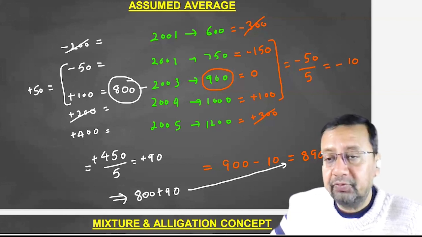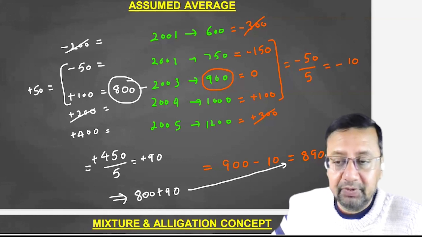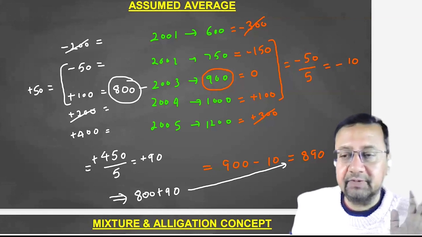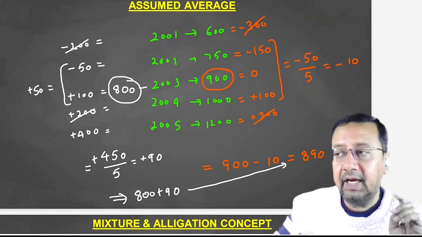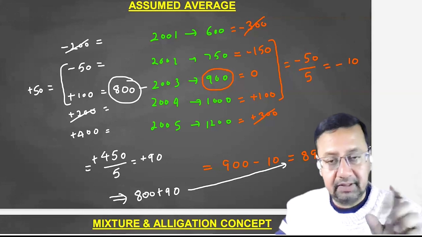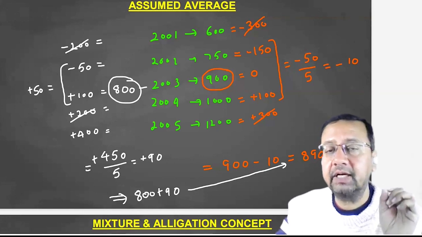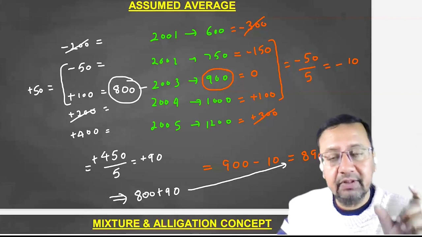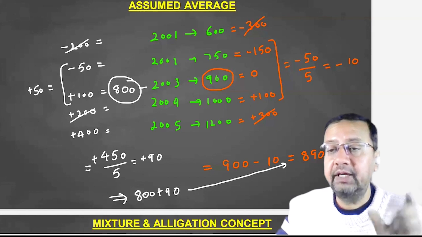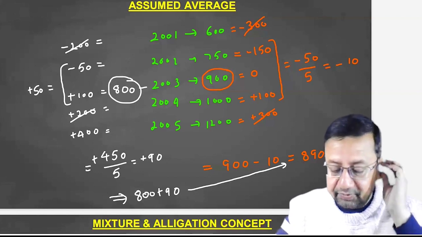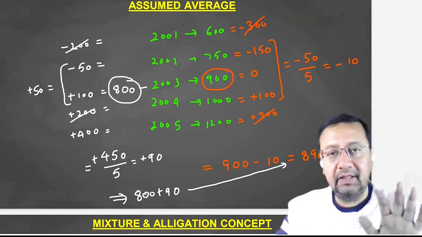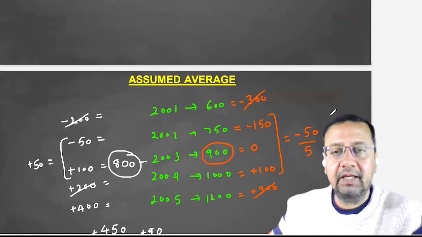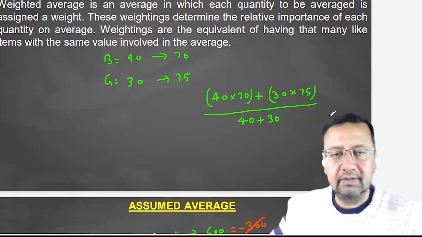Yes, Ashna. So for weighted average, right, as I told you, just revise this thing and do at least 25-30 questions for the average. And I have just discussed one topic, that is mixtures and alligation, right? So mixtures and alligation is a shortcut method of the weighted average, right? So weighted average, if you're doing something, suppose this part only, right? That is, I took the example, boys and girls, right?